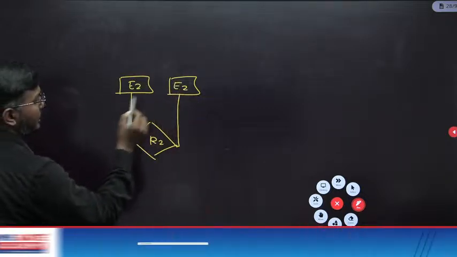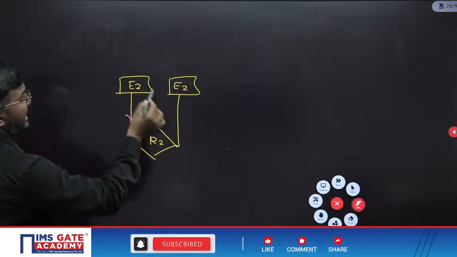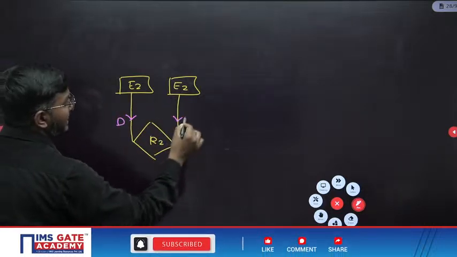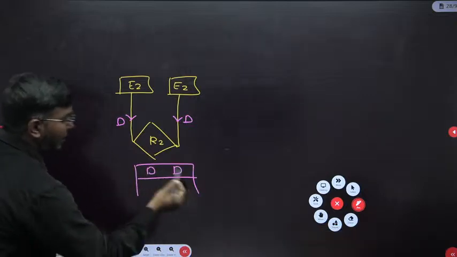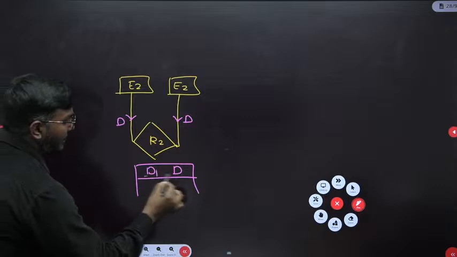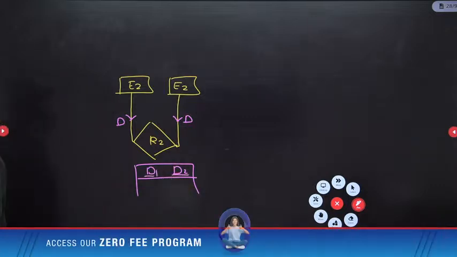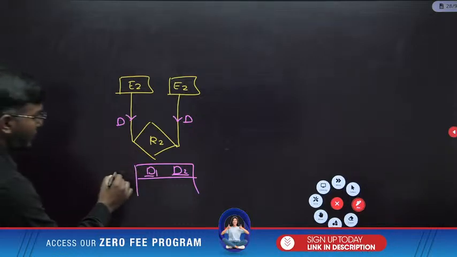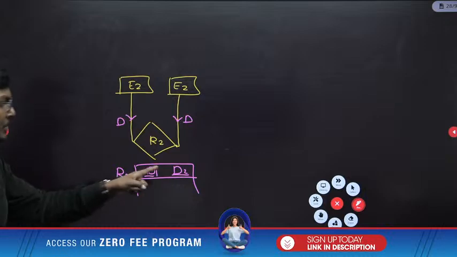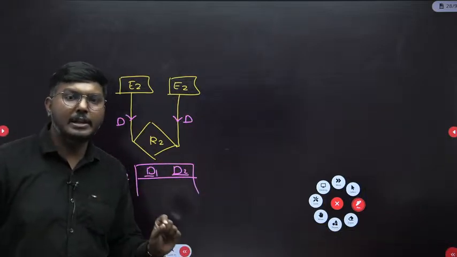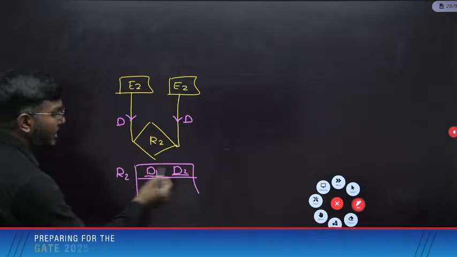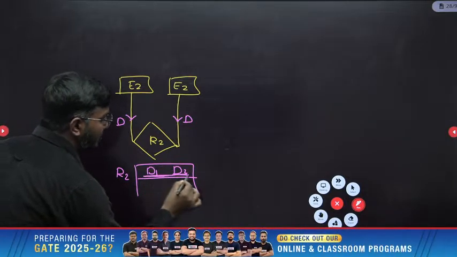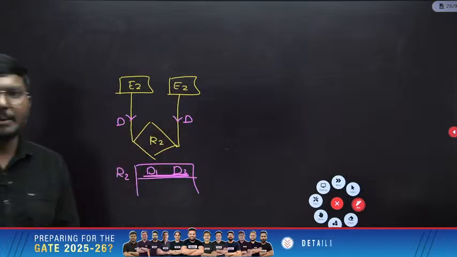So as per the rule, from this side it will take the key attribute, that is our D, and from this side also it will take the key attribute, that is D. Both are D only, but to distinguish, I am writing D1 and D2. In R2 we have two attributes, both D only, and both D's combinedly form the key attribute, because it is a many to many mapping.